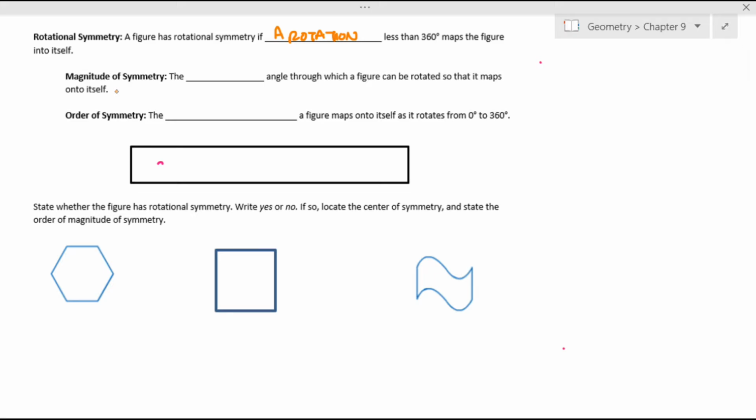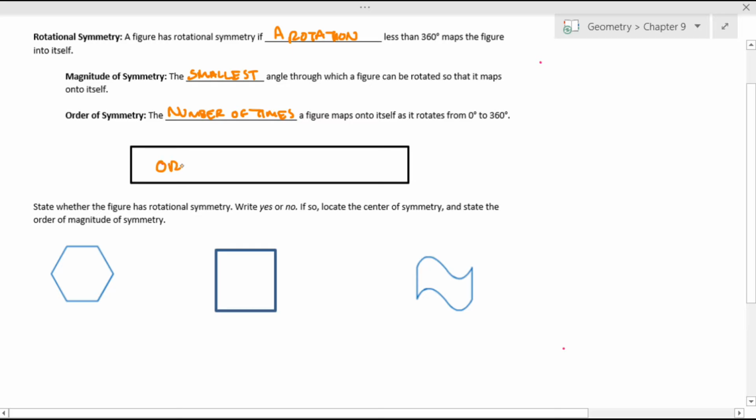The magnitude of symmetry is the smallest angle through which a figure can be rotated so it maps onto itself, and the order of symmetry is the number of times a figure can be mapped onto itself. So we figure out order.